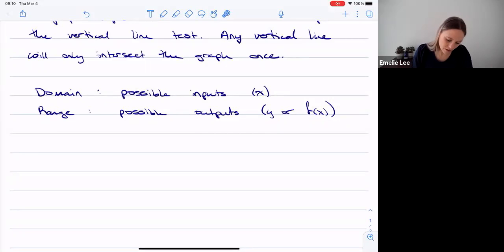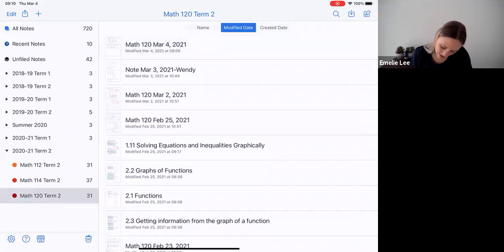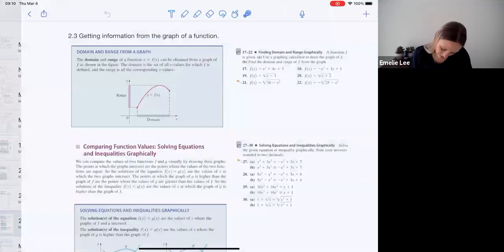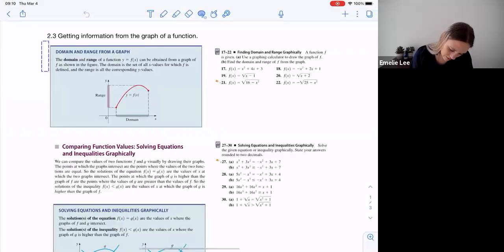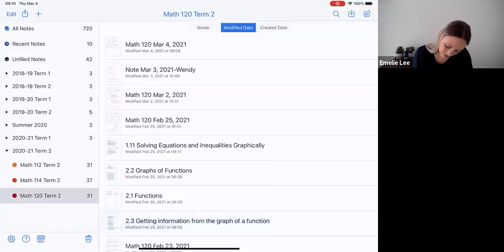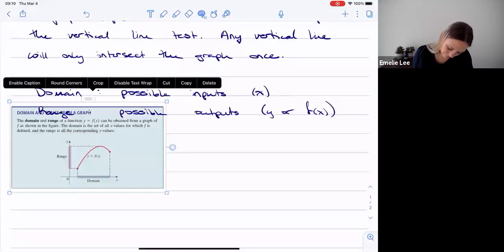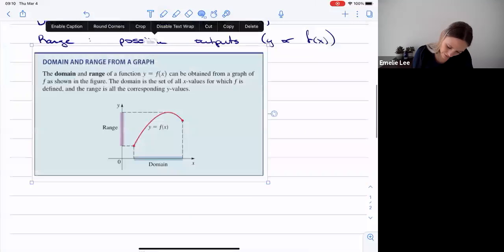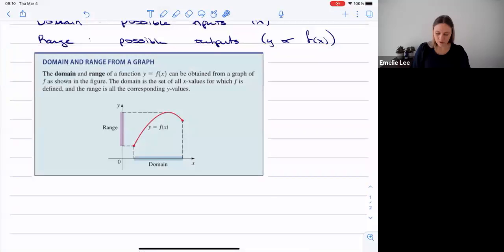Okay? So here, if we have 2.3, we have this little guy here. So we've already talked a lot about the domain. We're going to keep talking about the domain.